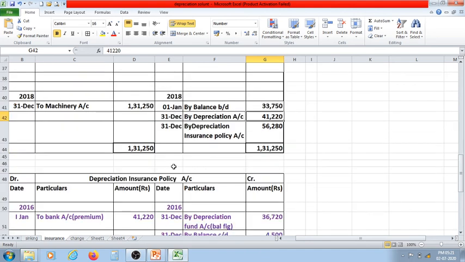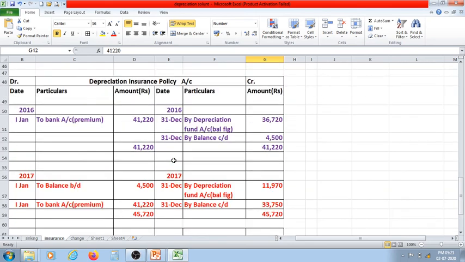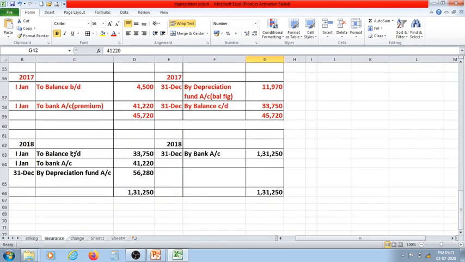Then right now we will only write the journal entries. Closing I will show after closing the third account. In the third year, the main feature is I open the account, I write the opening balance, I pay the premium. Here is the premium amount, and the premium amount is the same as we have been paying in the first two years, 41,220.